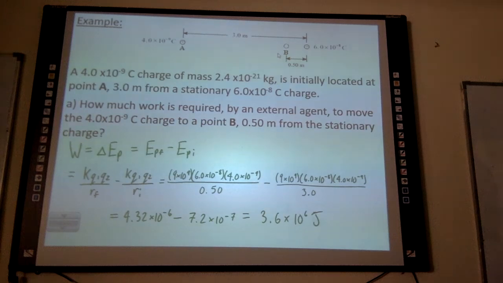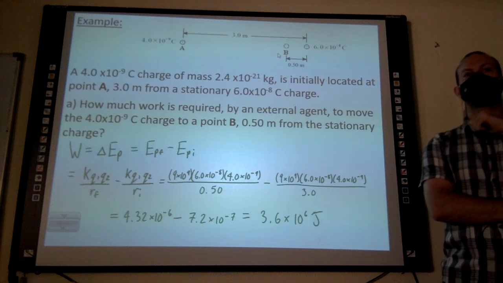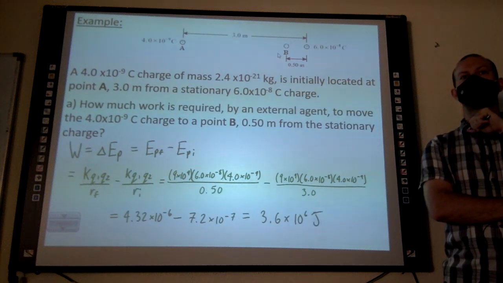Our work is positive. Does that make sense in this question? Yeah, I have to put energy in because I have two positives. So this is not going to happen naturally. You have to push it. If we have two negatives, our work will also be positive, right? Correct.